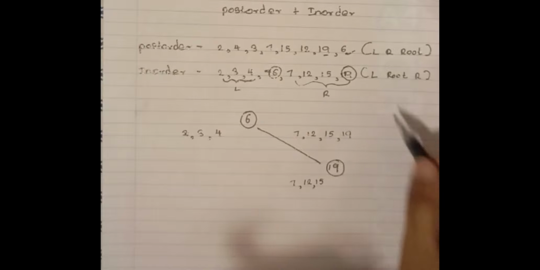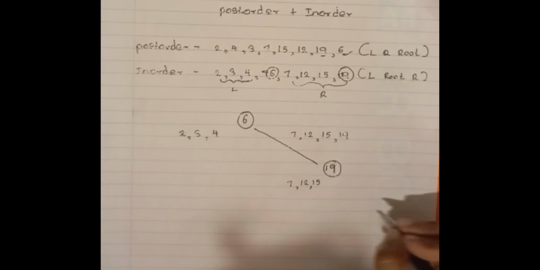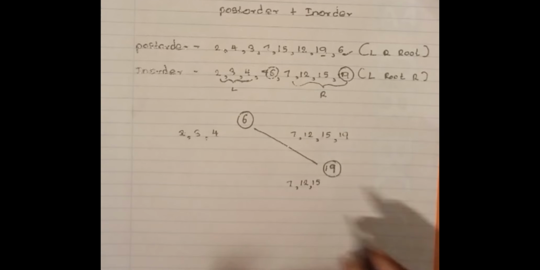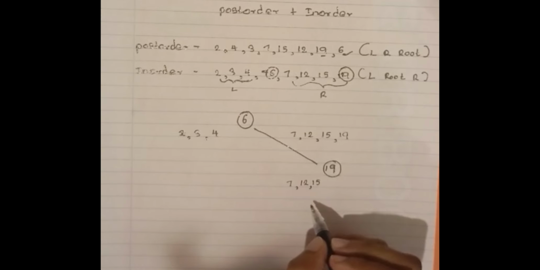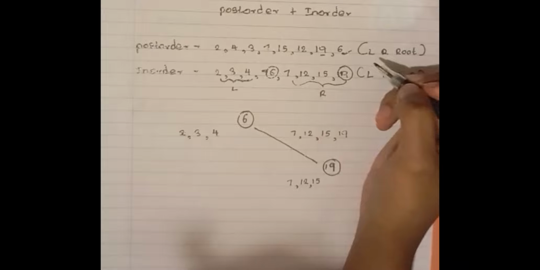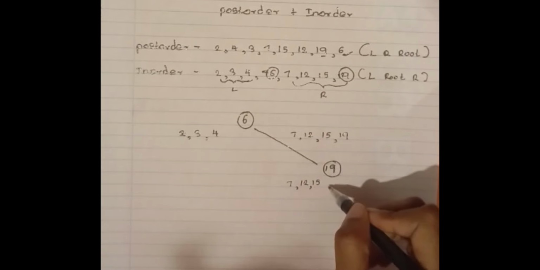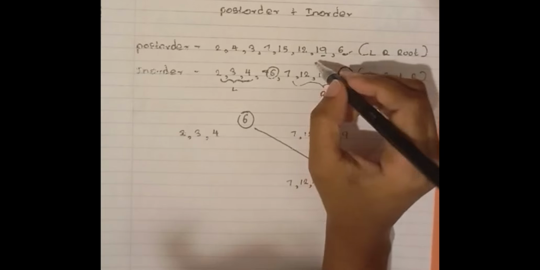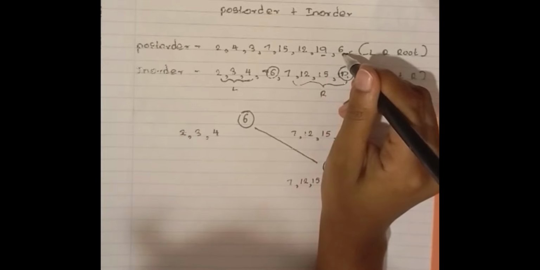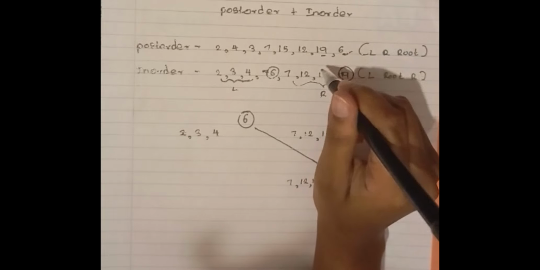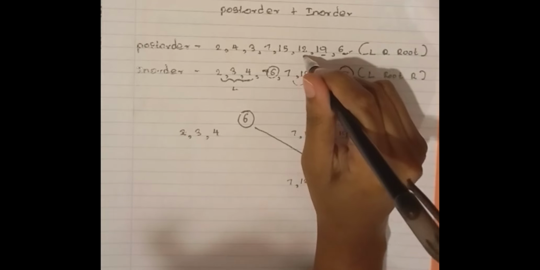As for the right side, it is null. So next, we will find the next root from 7, 12, 15. In Postorder, 6 is already taken, 19 is already taken. Next, move to the 12.